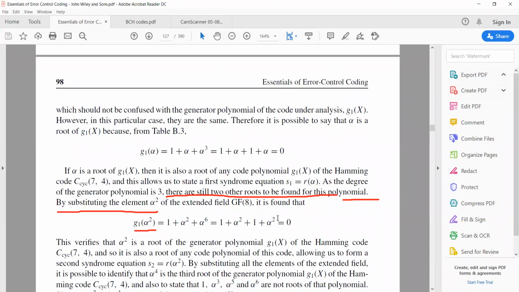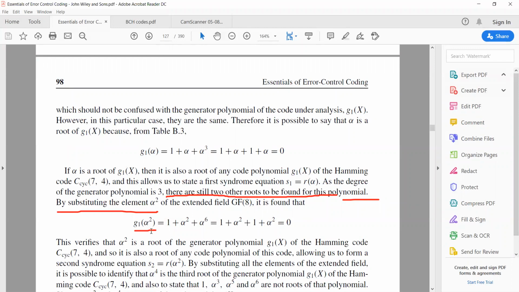So here we have seen that if we replace x by alpha square, assuming it is a root of 1 plus x cubed, the generator polynomial equation, we can make that equation equal to 0. This was our condition to calculate the root.